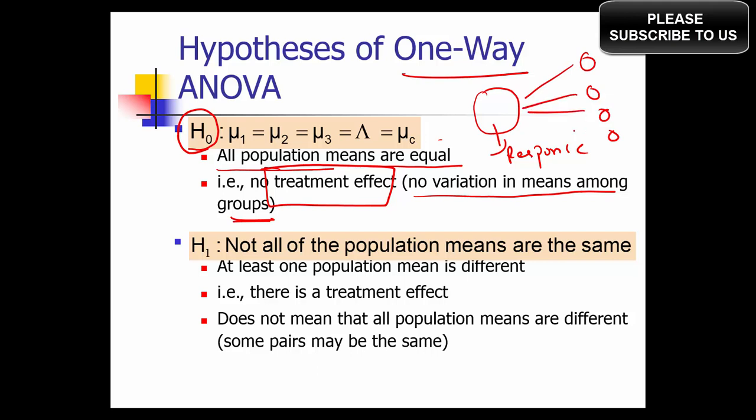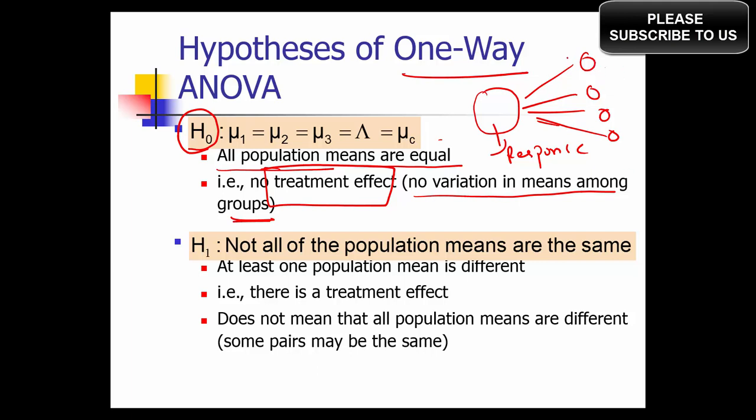We call them treatments as well. In ANOVA we actually talk about the different segments of the same population, and that itself is known as treatment. So no treatment effect means there is no difference across these segments.